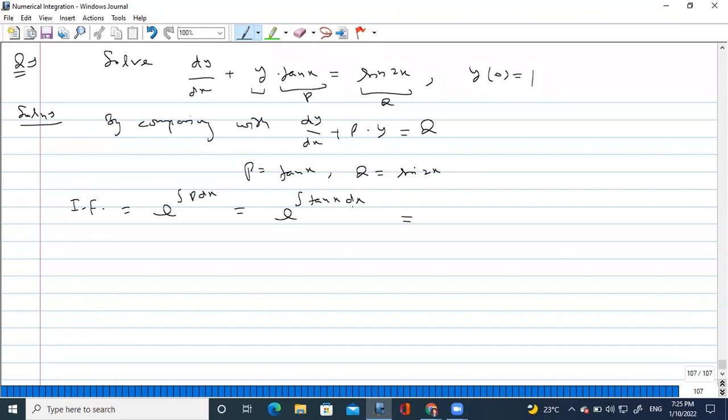Tell me what is the integral of tan x? Anybody? X square? No. So log of secant x, ln sec x.